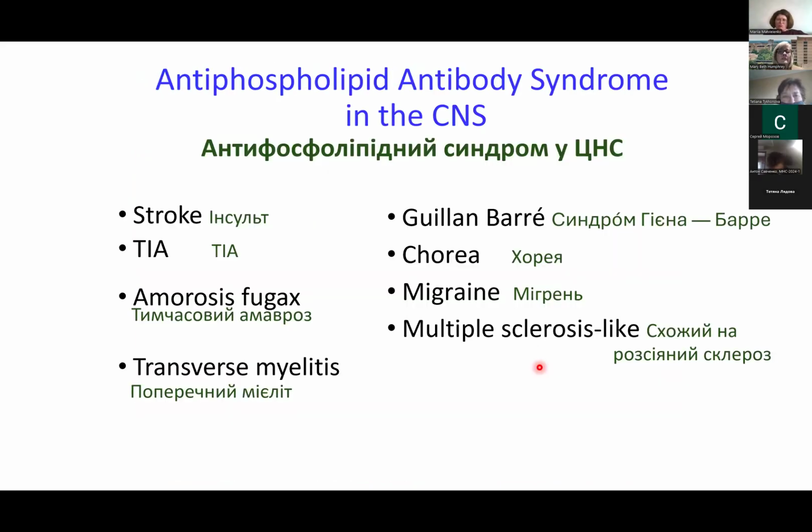So antiphospholipid syndrome can also affect the CNS. So you can get strokes, you can get TIA, transient ischemic attacks, or TIAs. You can get amaurosis fugax, so where your retinal artery is having a transient clot there. So the patient feels like there's a curtain that comes down over their eyesight, and then it may go back up again. They can get transverse myelitis.